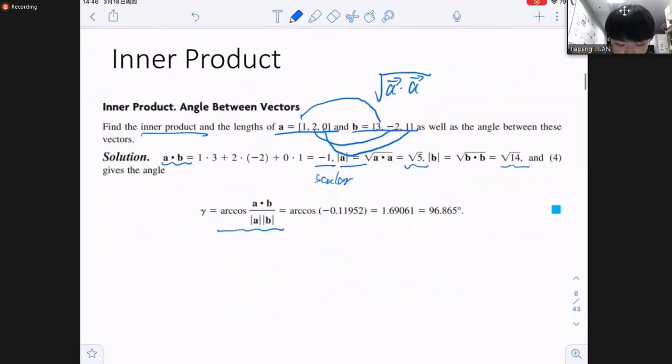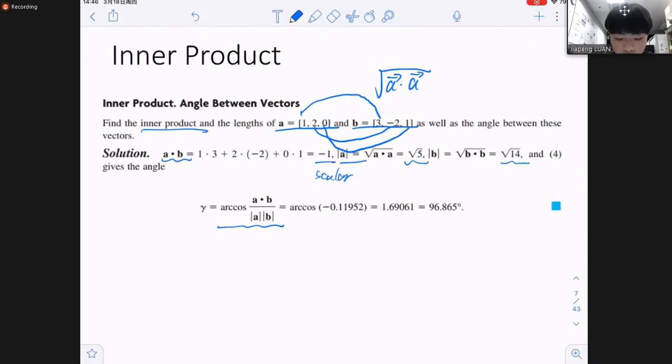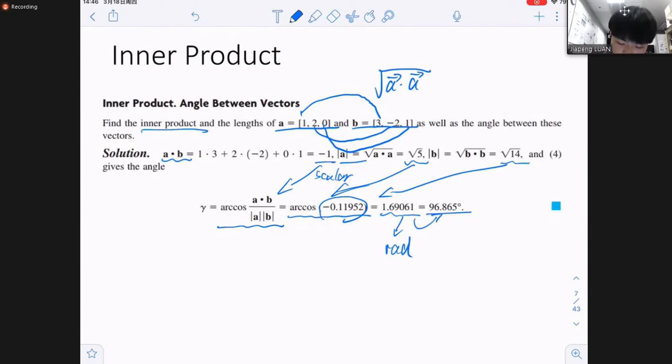You just put in what you have calculated here. Then you can see this is arc cosine of this thing. And then this will give you an angle in the unit of rad.